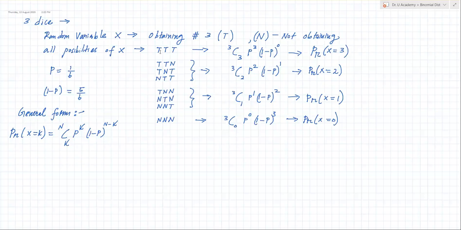I hope you can see my cursor. So this is that TTT. All three get 3, 3, 3. Here, you obtain 2 3s and you are not obtaining in the other one. So first die, you get 3, second die, you get 3, third one, you don't.